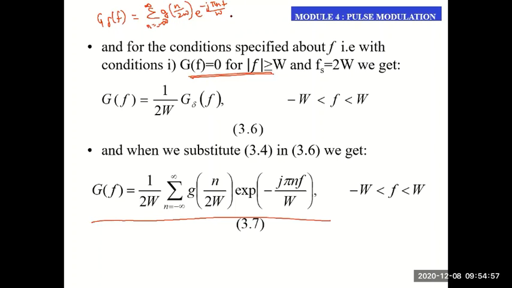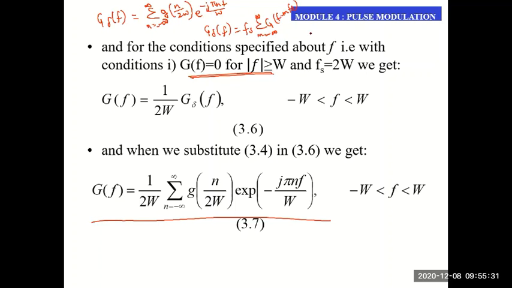Now, when we have a strictly band limited signal, in the other expression also, we had an alternate expression for G delta of F, where we used Fs summation m is equal to minus infinity to plus infinity G of F minus m Fs. We have taken m as the variable here.